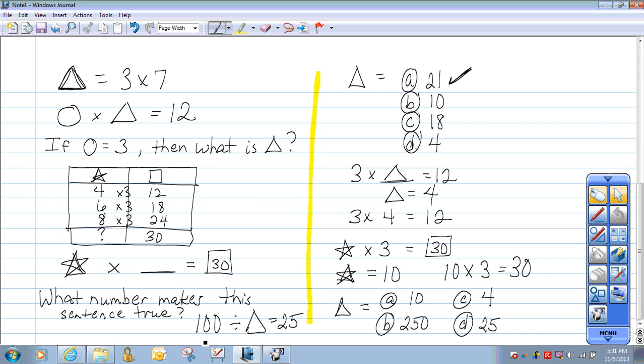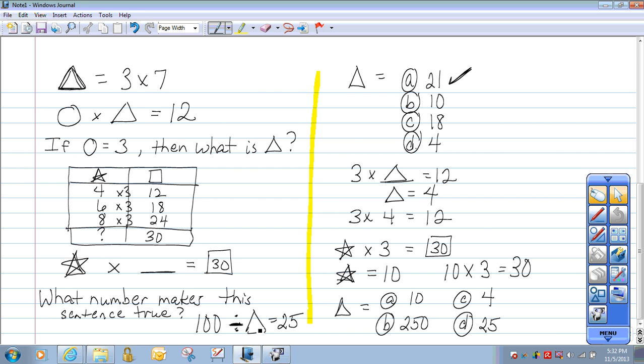Think about it in terms of money. If you have 100 pennies and you split them up, how many groups would you have if you had 25 pennies in each group? Now, from working with money, we should know. We can't really figure it out yet by using long division.